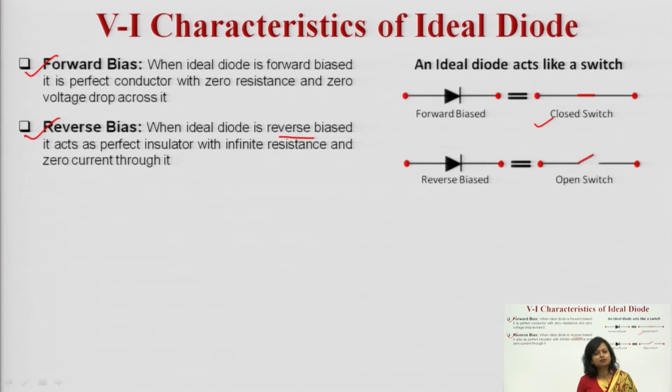When the diode is not conducting it will be represented as an open circuit, open switch. So, this is how you can explain how the diode can be used as a switch. During the forward bias, it is a closed switch, it will conduct. During the reverse bias, it will act as an open switch, it will not conduct.